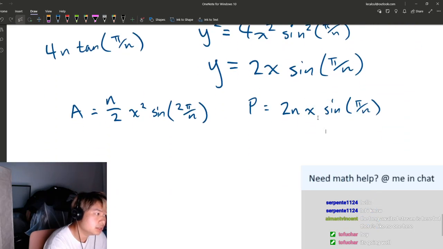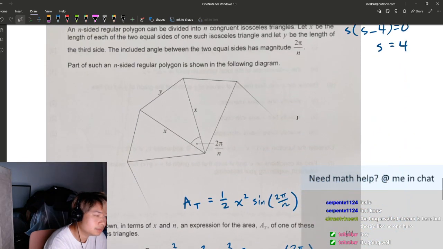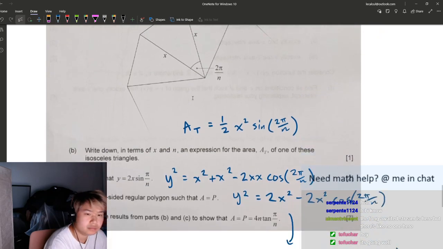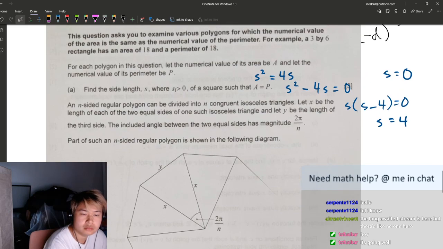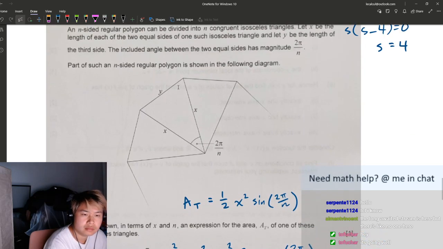So I'm probably going to need to find an expression for x in terms of n, substitute it in, do an identity. But I don't see how you can relate x directly with n without including y as well.